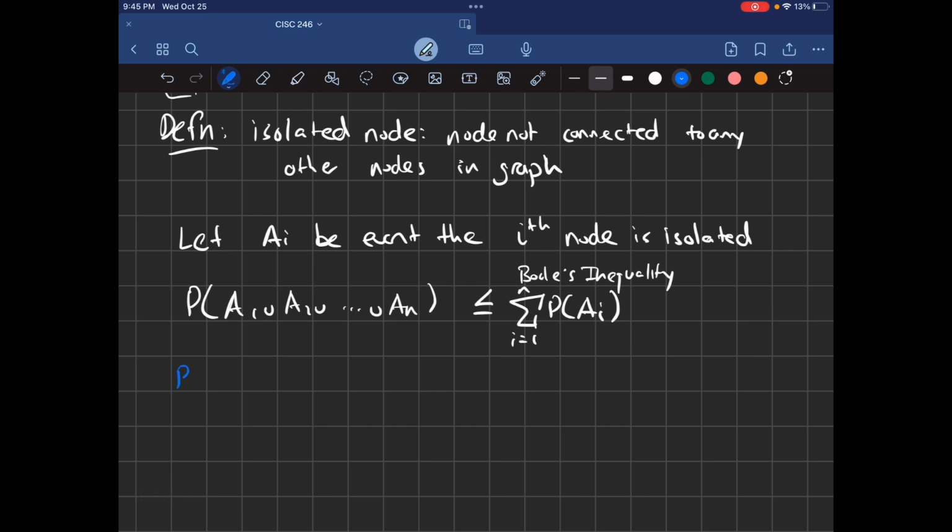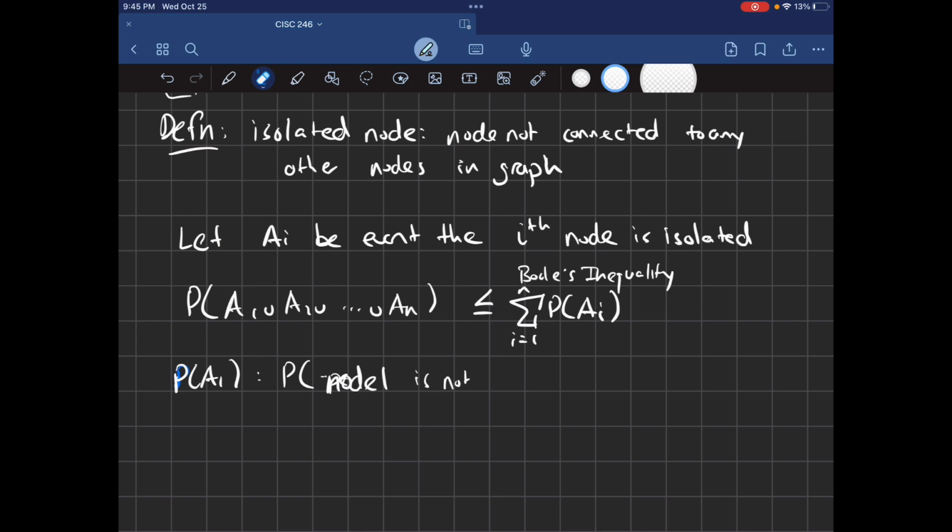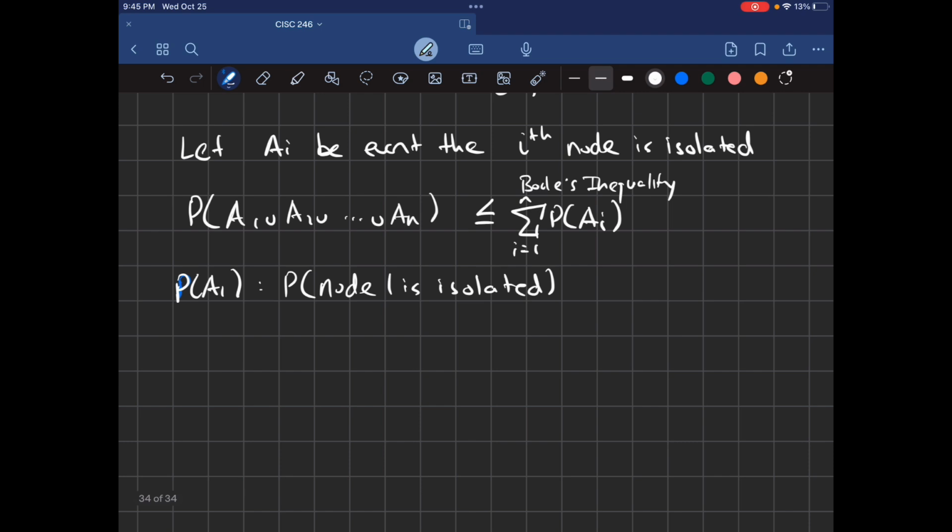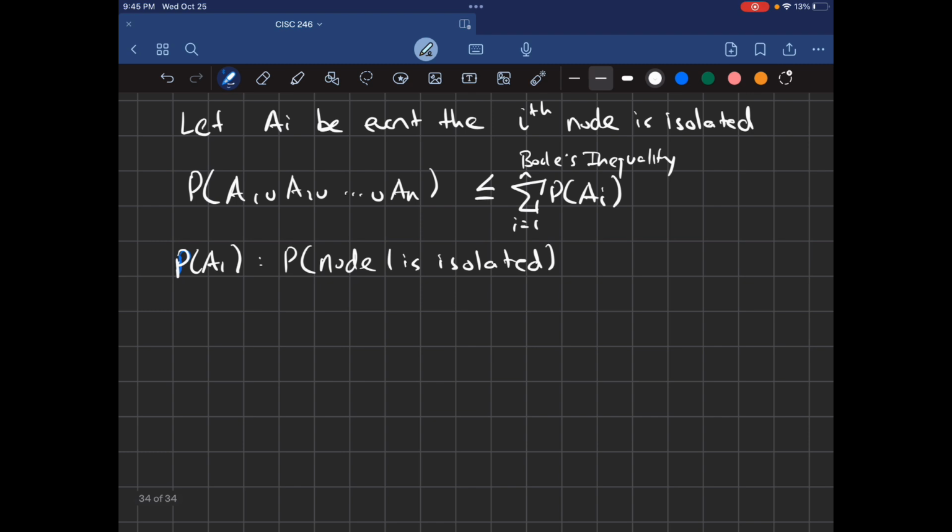Let's calculate the probability of A_1. That is the probability that node 1 is isolated. Okay, and you can think of it like this. Let's say this is node 1, and then you create a bunch of other nodes in the graph.